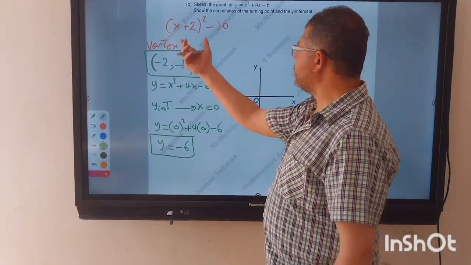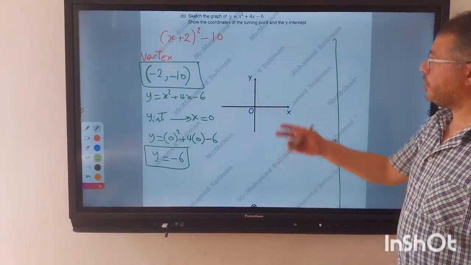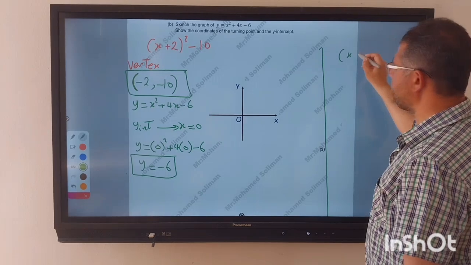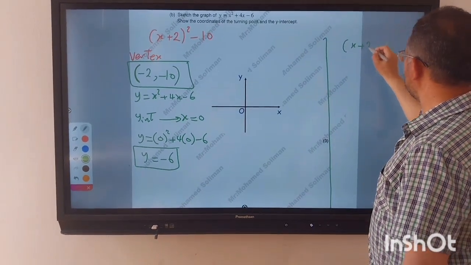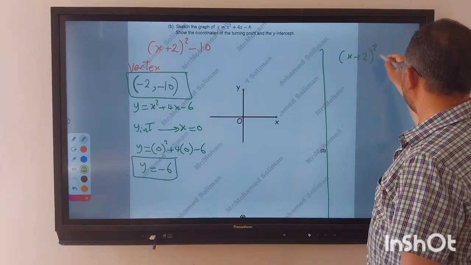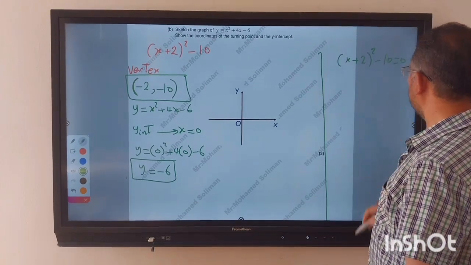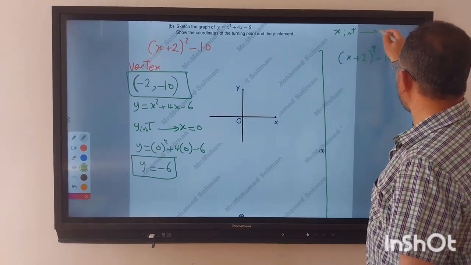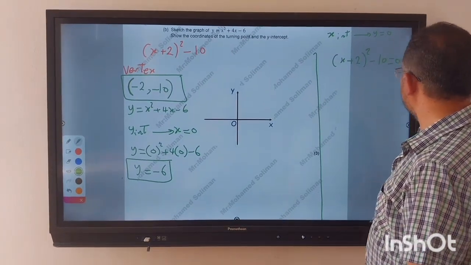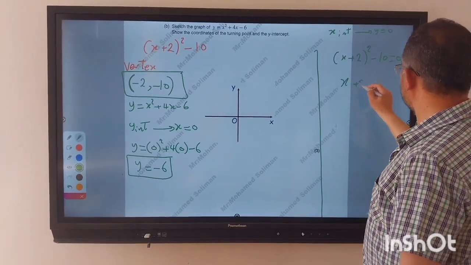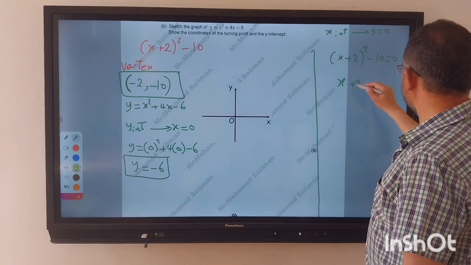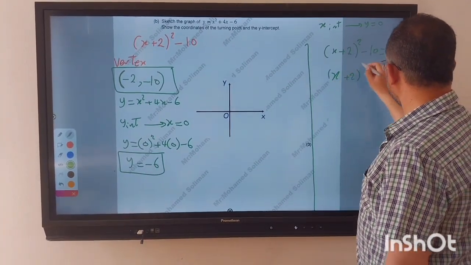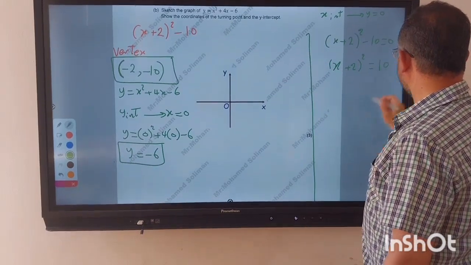For the x-intercepts here we can use the quadratic formula, you can use completing the square, right? But we can say what? Here, (x + 2)² - 10 = 0. For the x-intercept, it means you have to put y equal 0. So here, (x + 2)² will be equal to 10.